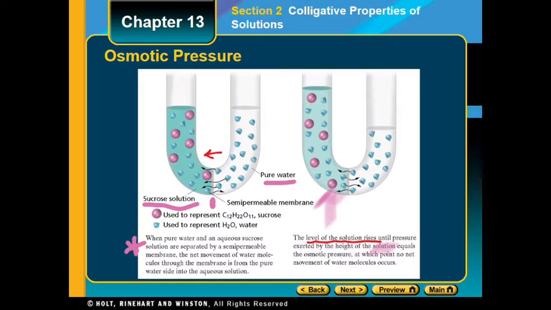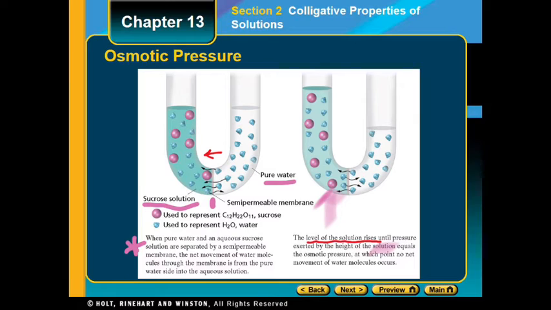The level of the solution rises until the pressure exerted by the height of the solution equals the osmotic pressure, at which point no net movement of water molecules occurs. So when it says no net movement, you're still going to have water molecules that move back and forth through the membrane, but it's going to equalize itself as far as that movement.